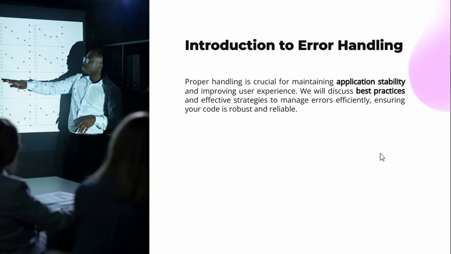First we will go with the introduction to error handling. Proper handling is crucial for maintaining application stability and improving user experience. We will discuss some of the best practices, Q&As, and effective strategies to manage errors efficiently, ensuring your code is robust and reliable.